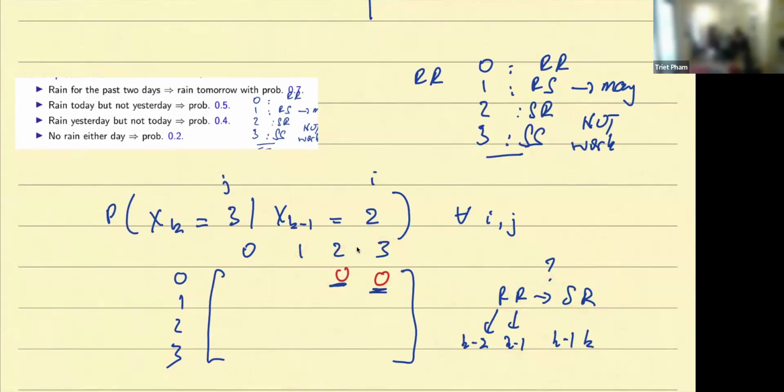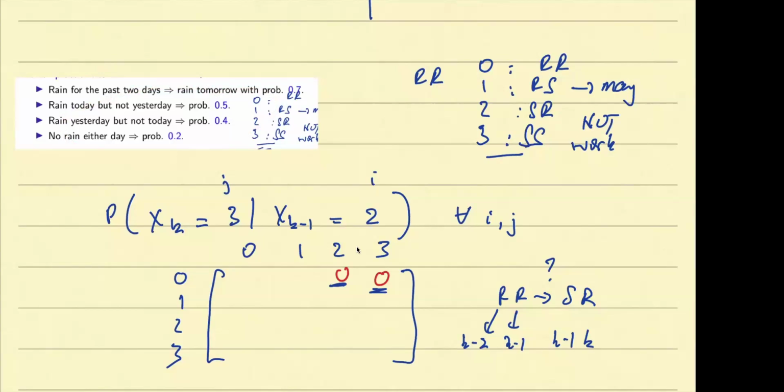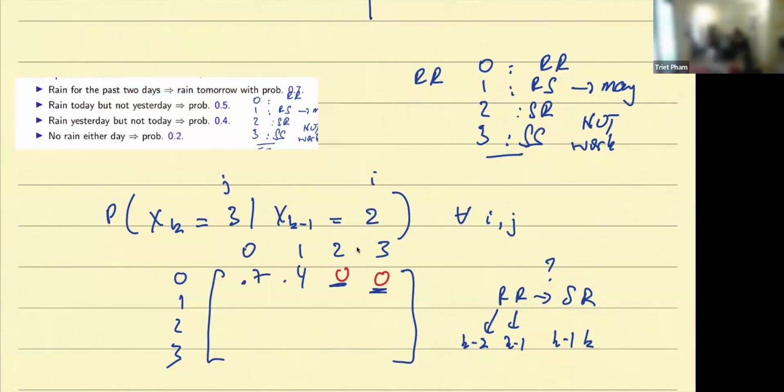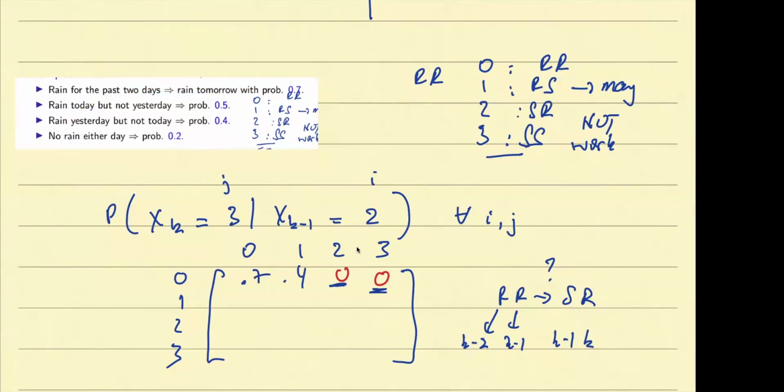The information is given here, okay? What's 0, 0? It's 0.7 and 0.4. Nope. I don't even have to look at the information. I know that you're wrong. Oh wait, it doesn't add up to 1. Sorry. Correct.